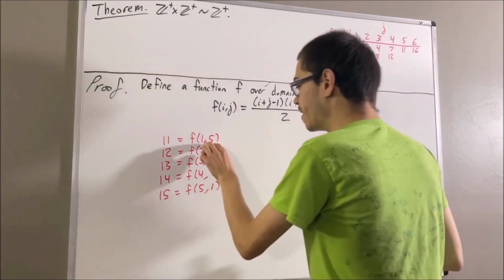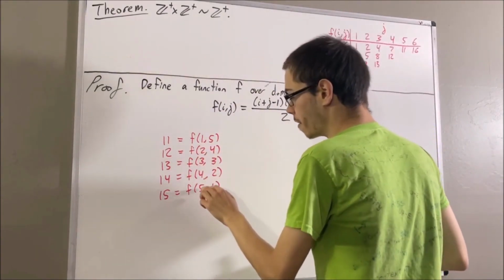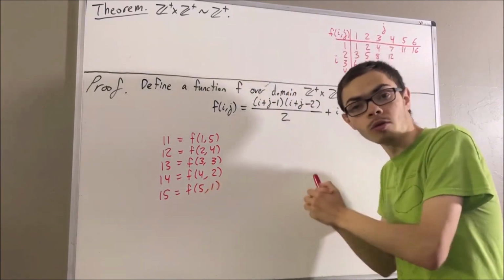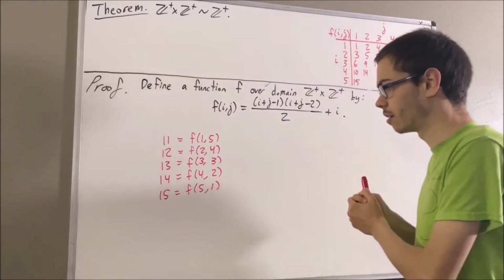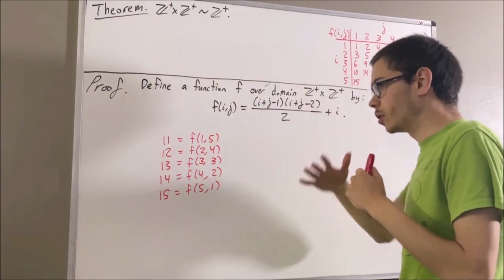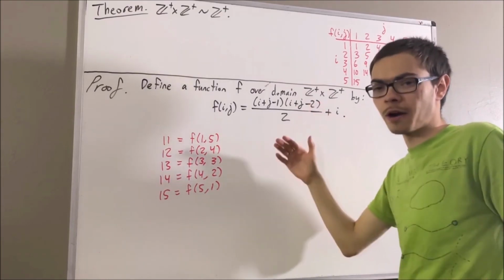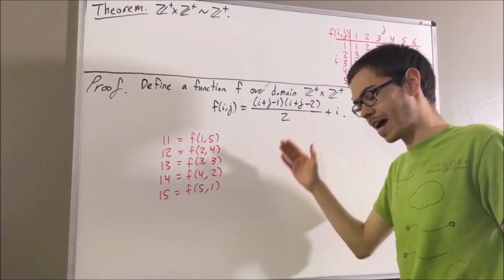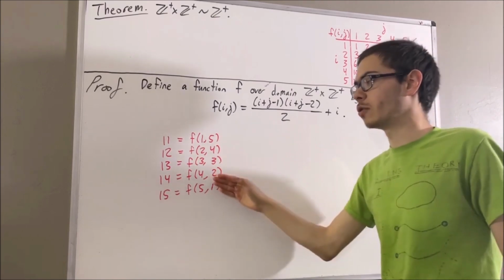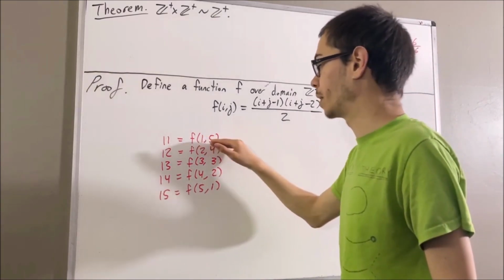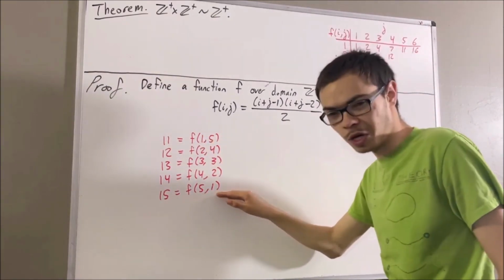Notice that this is every single ordered pair of positive integers whose coordinates add to 6. And we can conclude that for every ordered pair of positive integers whose coordinates add to 6, the output value is always between f of 1, 5 and f of 5, 1.